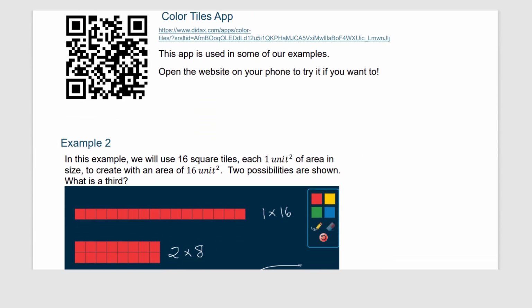So there's a fun app that you can use to play with color tiles. And for my students, we have a link that you can click on in the document in D2L, and you can pull up this app. You might have to hold down the control button when you click it.